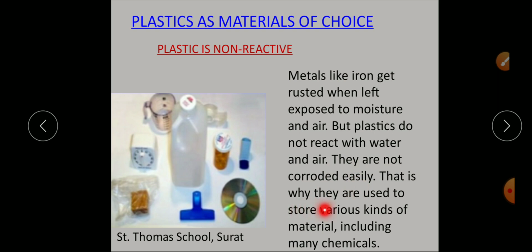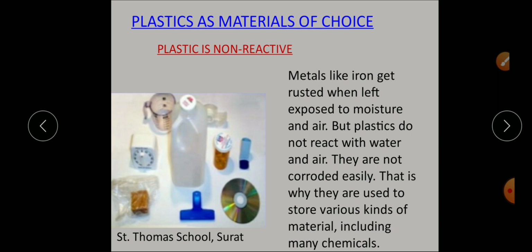That is why they are used to store various kinds of material, including many chemicals. Understood? Hence they are used in homes and laboratories for storing chemicals. Plastics are lightweight, so they are widely used to make household articles and in industries also. They are generally cheaper than metals.